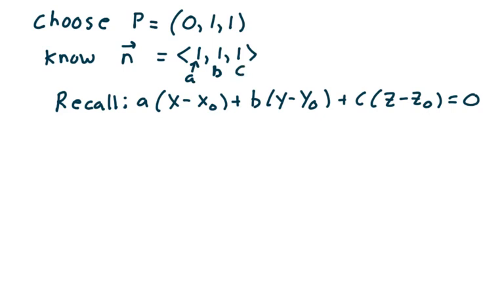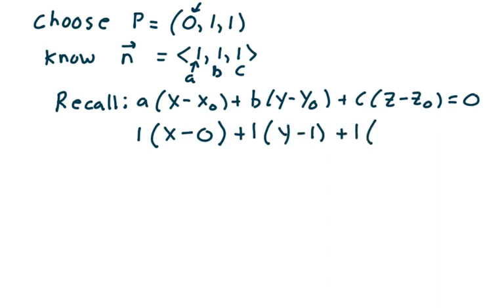So I'm going to take A, which is 1, and multiply it by x minus 0. So the first coordinate of the point is my x0. Then I'm going to add 1 times (y - 1) plus 1 times (z - 1).